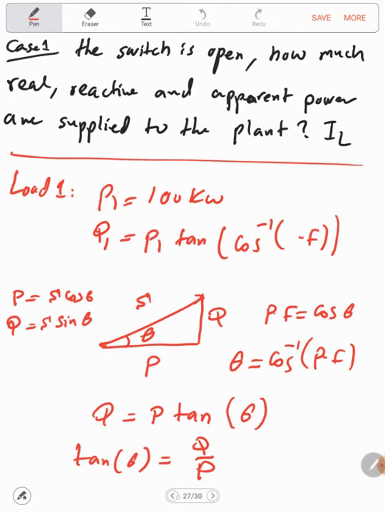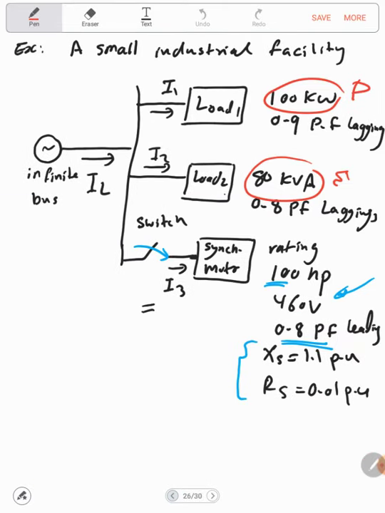So let's recall, this is our configuration. We have here either generator or let's say infinite bus, and this one is Y connected, supplying a small industrial facility where we have load number 1, load number 2, and we have here a synchronous motor.